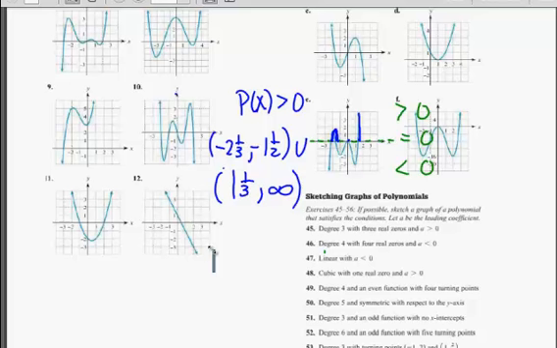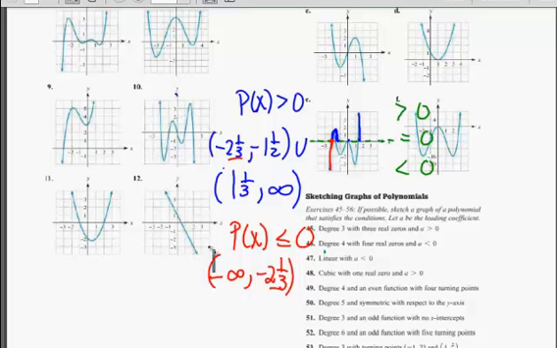Now, let's do p of x is less than or equal to 0. It's less than 0 and it's equal to 0, starting at negative infinity and on to -2 and a third. Notice that these end up being repeated; you're just trading them off.